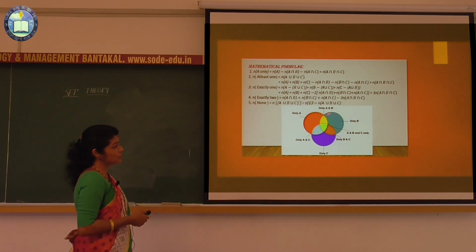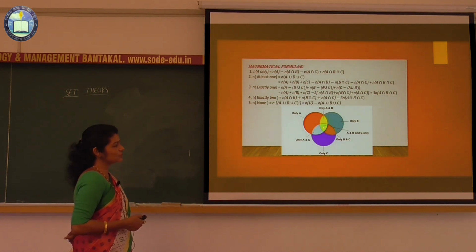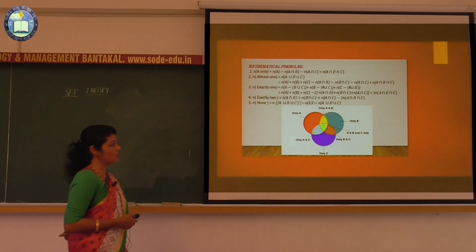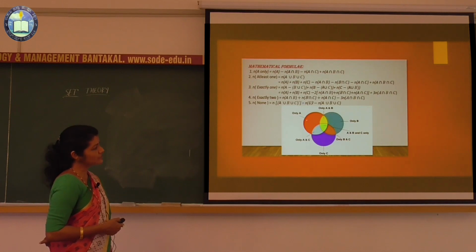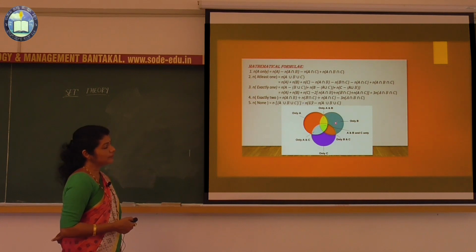Then consider intersection of two each: A intersection B, B intersection C, and A intersection C. So this green region indicates intersection of all the three sets, A intersection B intersection C. Okay. So this one indicates A only, this one B only, and this purple region C only.